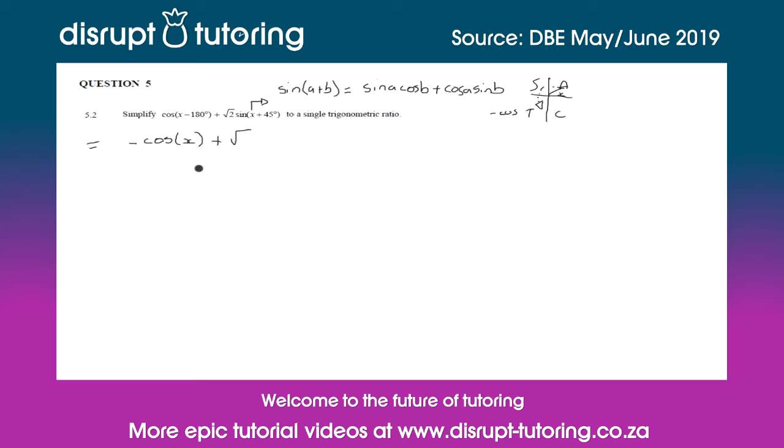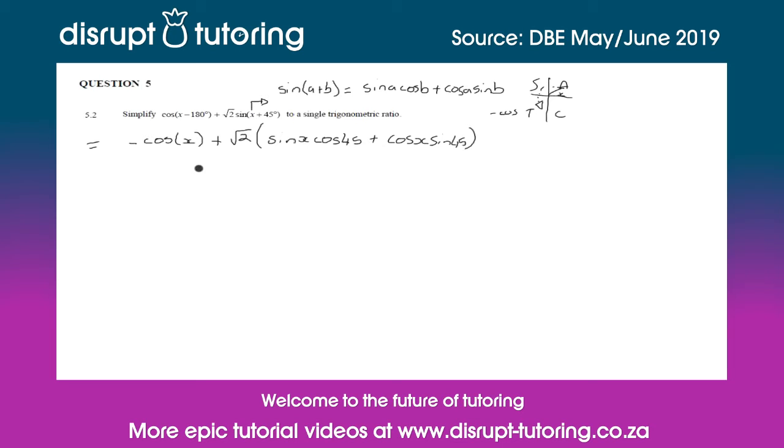So we keep the root 2, and we then use that formula, so this becomes sine of x, which is a, cos of 45, 45 is b, plus the cos of x sine of 45.